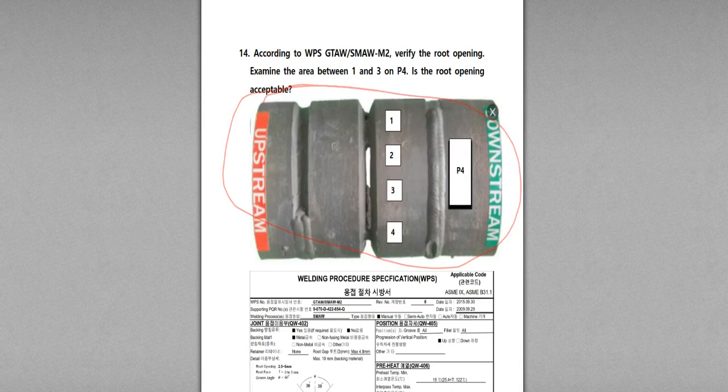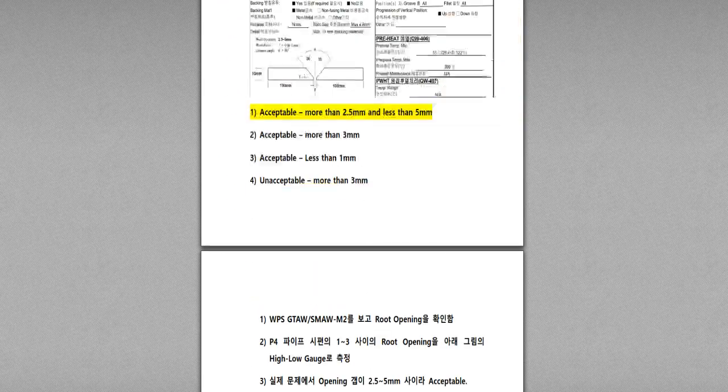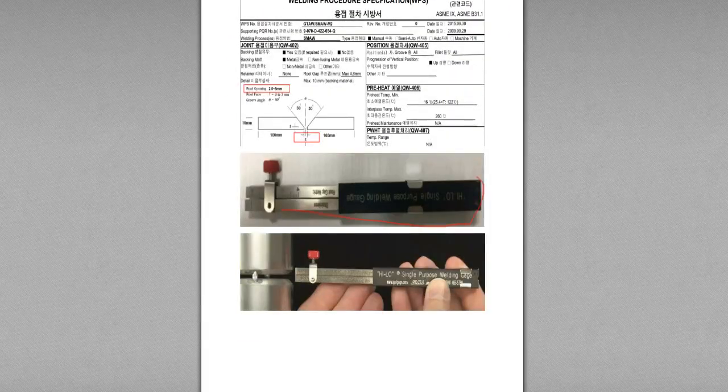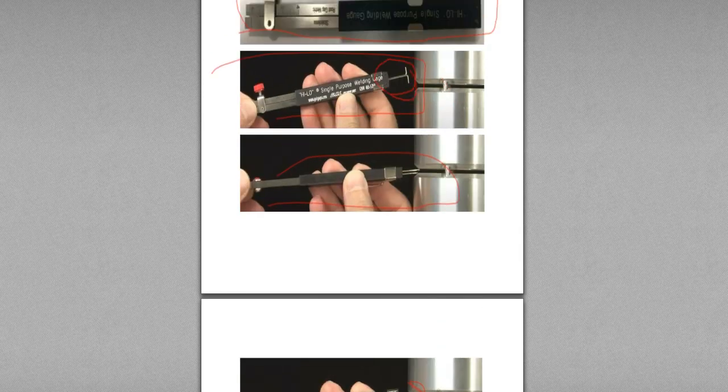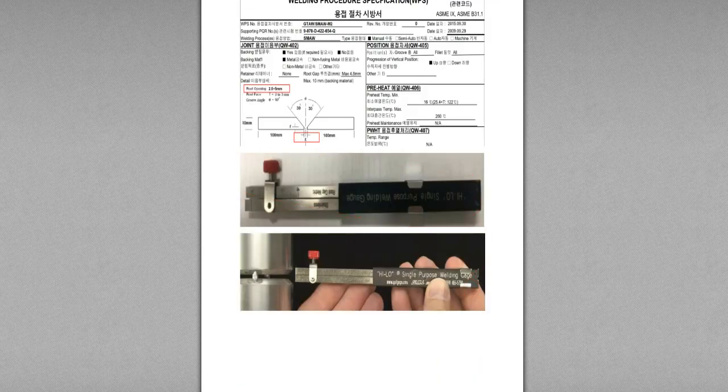Again, same specimen. A pipe specimen is given in the actual CWI Part B exam, and you measure this open joint using this high-low gauge again. This time you don't use this side. Here you used this side for the internal misalignment, but for the root gap you use this.